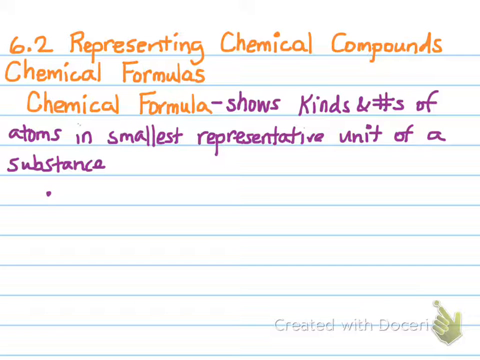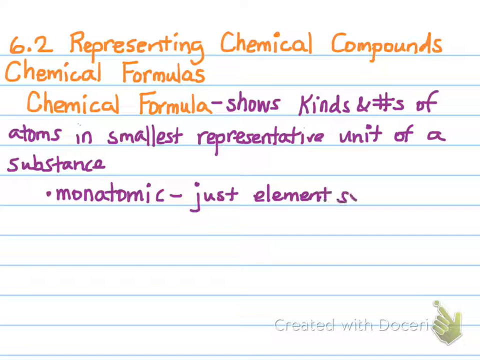When we're talking about something that is monatomic, the chemical formula will be just the element symbol. For example, if we're talking about neon, the chemical formula is just Ne, because remember, neon's a noble gas.